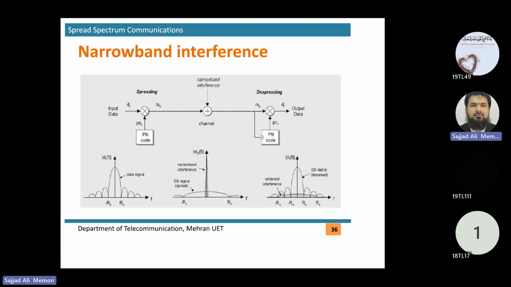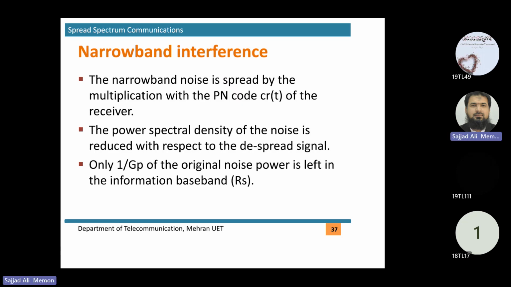At the receiver, despreading is done by multiplying the received data with the locally generated PN code, and the output data may include the narrowband interference. The narrowband noise is spread by the multiplication with the PN code of the receiver. The power spectral density of the noise is reduced with respect to the despread signal. Only 1 over G_p of the original noise power is left in the information baseband signal.